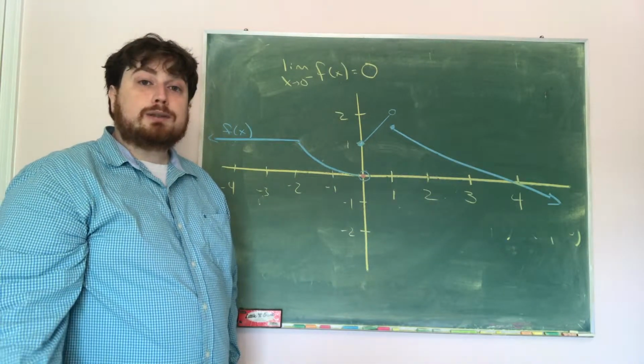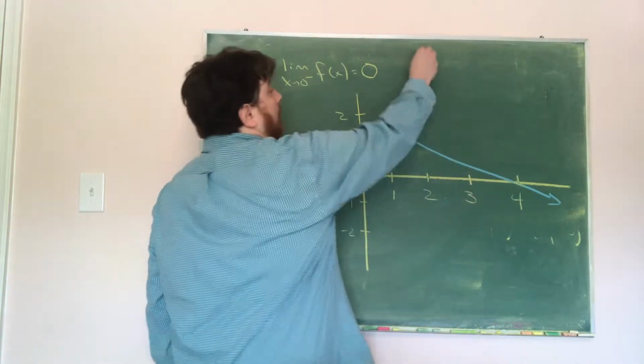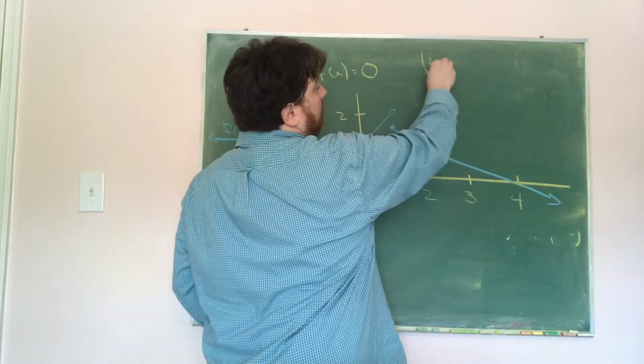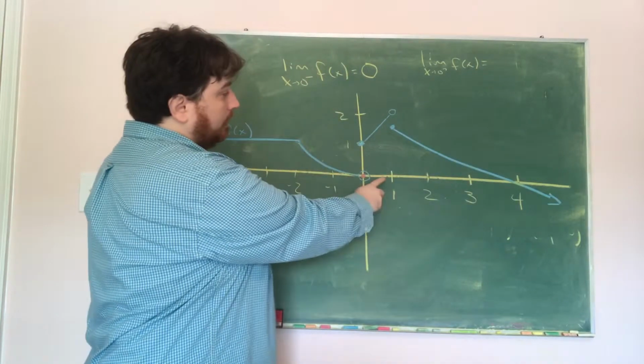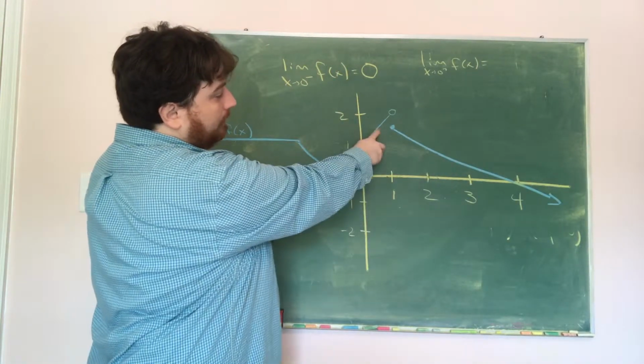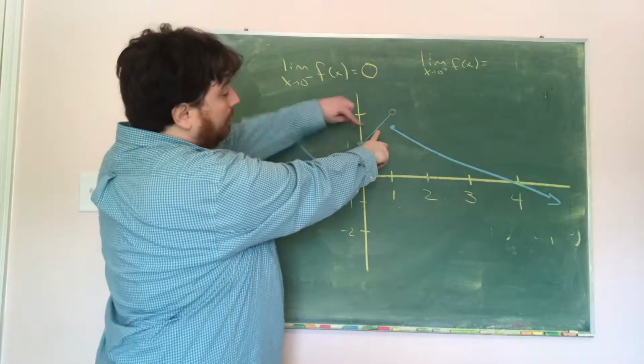If I go through the same process again, this time from the right, I would find the limit as x goes to 0 from the right of f of x. I would start to the right, so let's say about 0.5. At 0.5, my y value is 1.5.